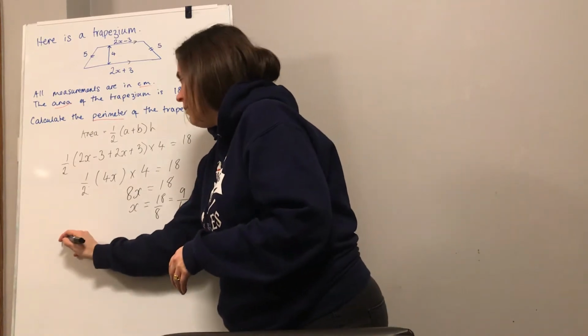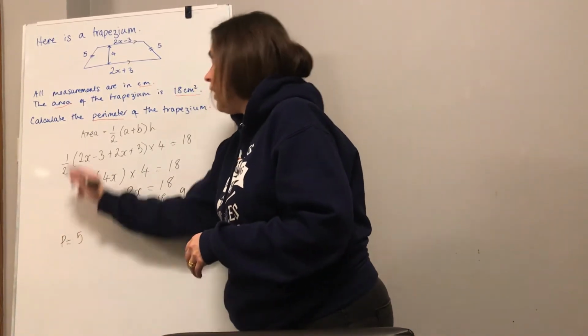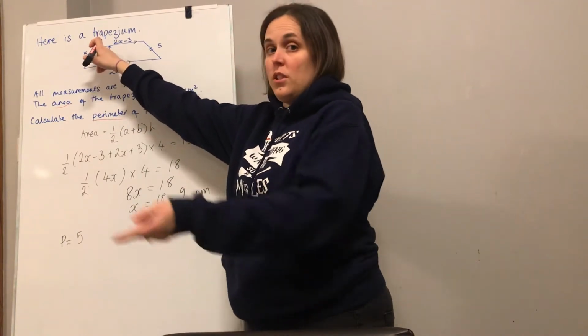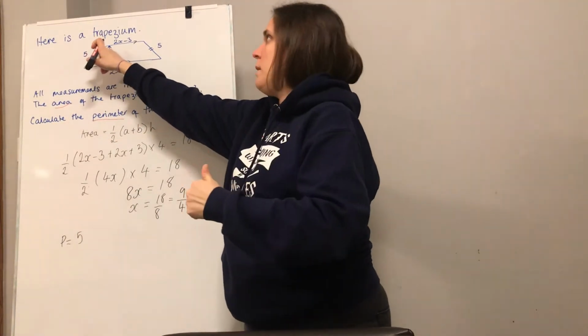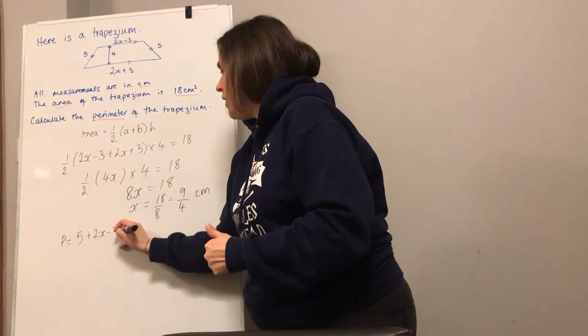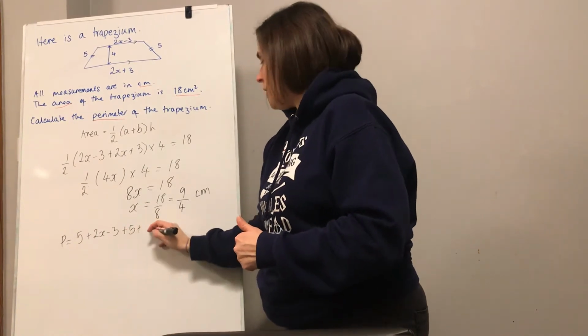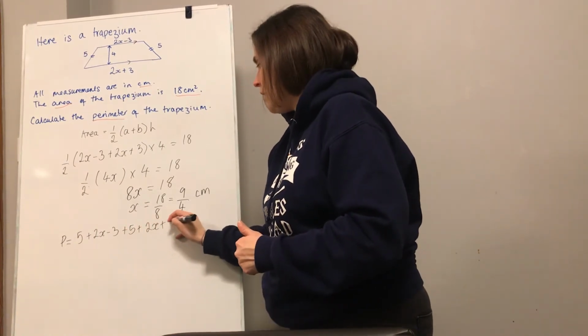So the perimeter, I'm just going to call it P, add it all up, we have 5, we start from here, don't forget the perimeter is just the distance around the outside of the shape. Then we've got plus 2x minus 3 plus 5 plus 2x plus 3.